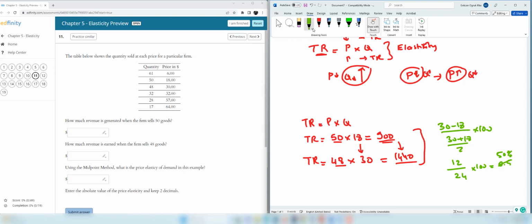And now let's calculate the change in quantity, which is 48 minus 50 divided by (48 plus 50) over 2 times 100. In this case, it's negative 2 divided by 49, negative 4.08%. So the price elasticity is negative 4.08 divided by 50%, which is less than 1. As you see, it is inelastic. For inelastic goods, you need to increase the price to increase the revenue.